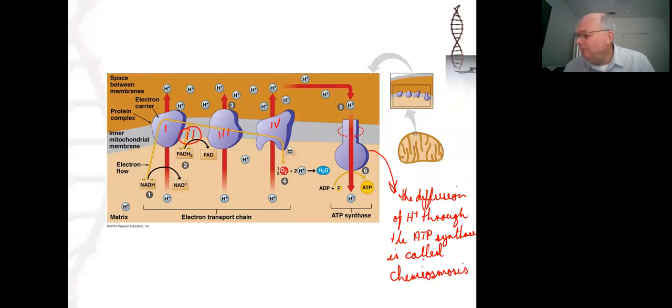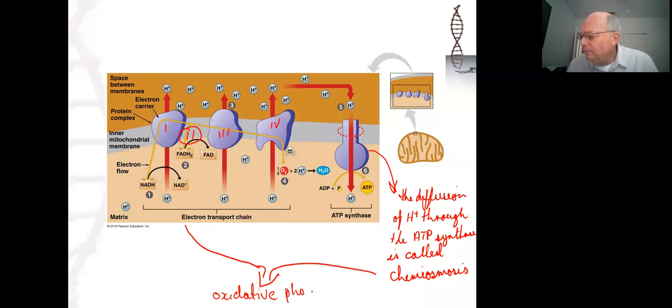So that's the technical name for the diffusion of the hydrogen ions. And it's the electron transport chain plus chemiosmosis together that is known as oxidative phosphorylation.